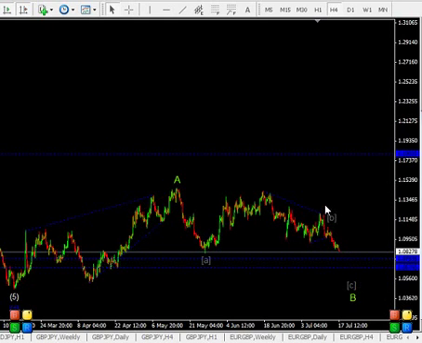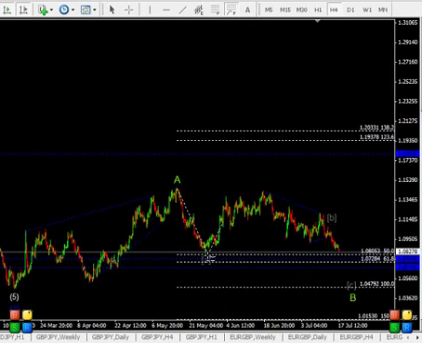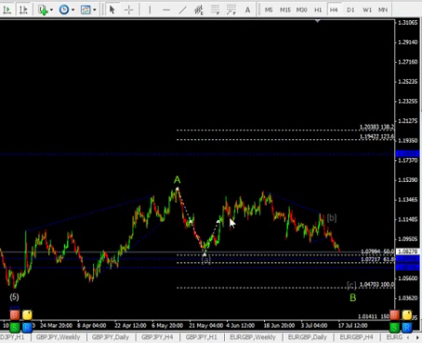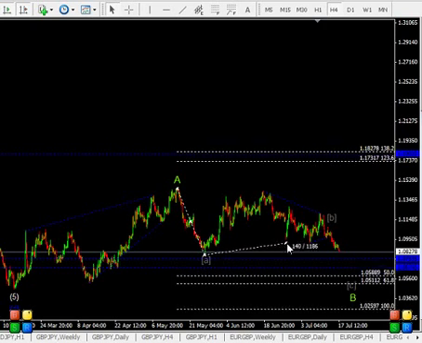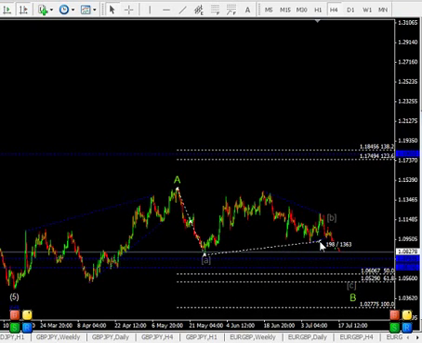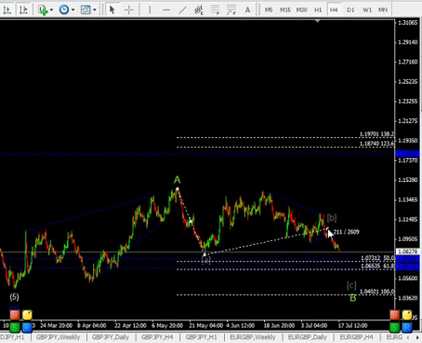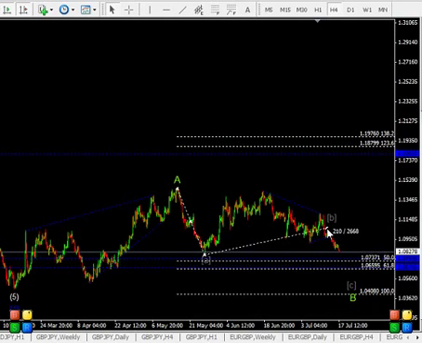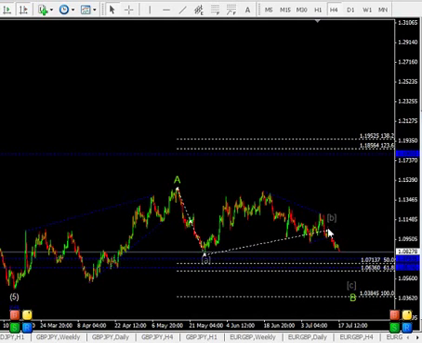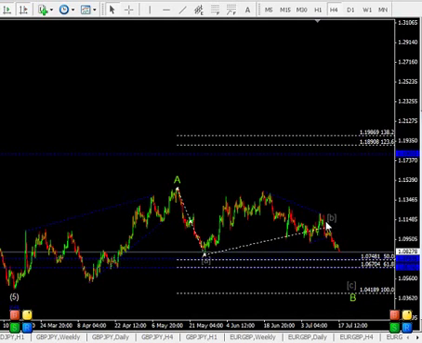So we can also expect a relationship between this wave A and this wave C, and we use our Fibonacci tool here, put it there up to the end of wave A. This other part is put where the triangle ends, because this is the part that we expect that the triangle has ended in.